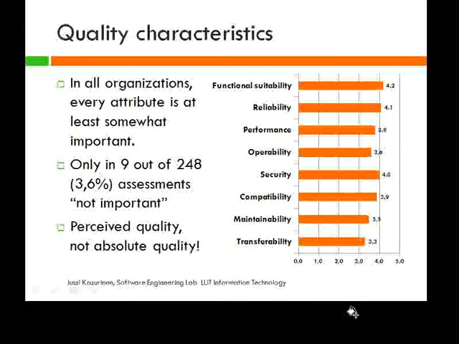And based on the ISO quality characteristics, our first idea was that the different characteristics are important to different types of organizations, and that some characteristics are basically irrelevant in some organizations.